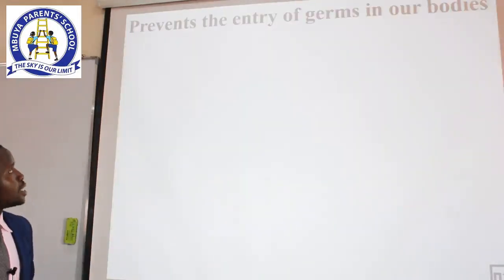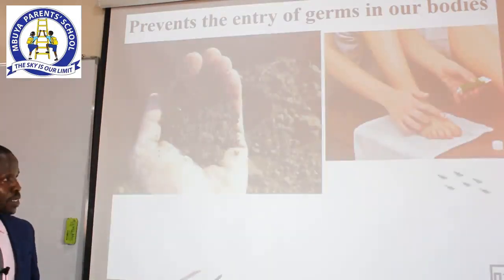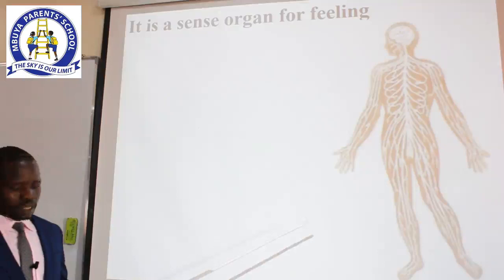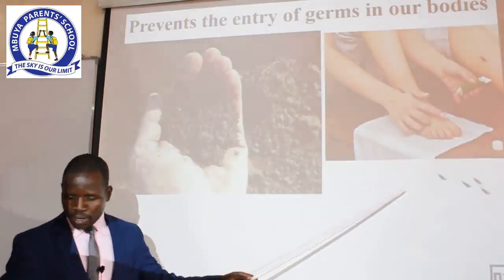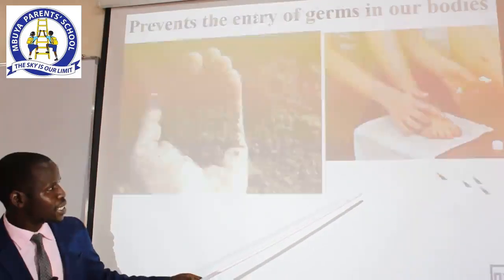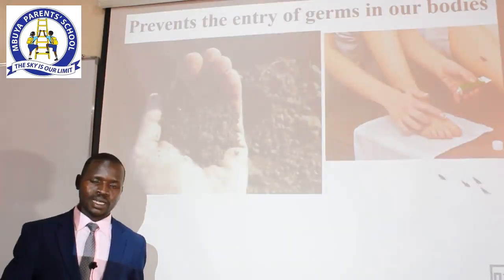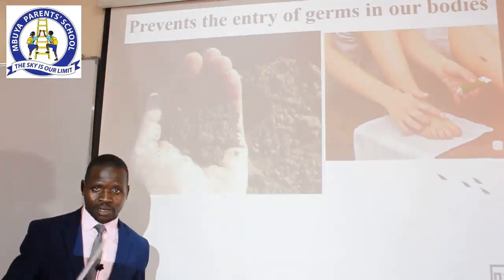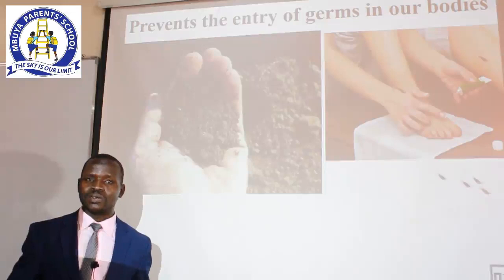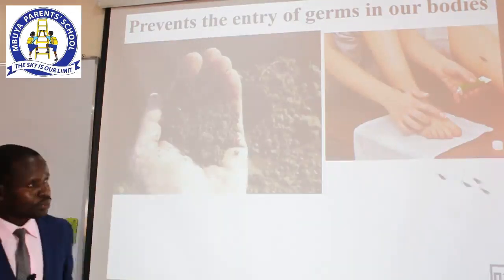Let's also look at the prevention of the entry of germs. So what does that illustration mean? Here we realize that the germs cannot enter through our skin. I've already told you that even coronavirus, which is the most dangerous germ right now, cannot enter through your skin unless you touch the soft parts of the body.